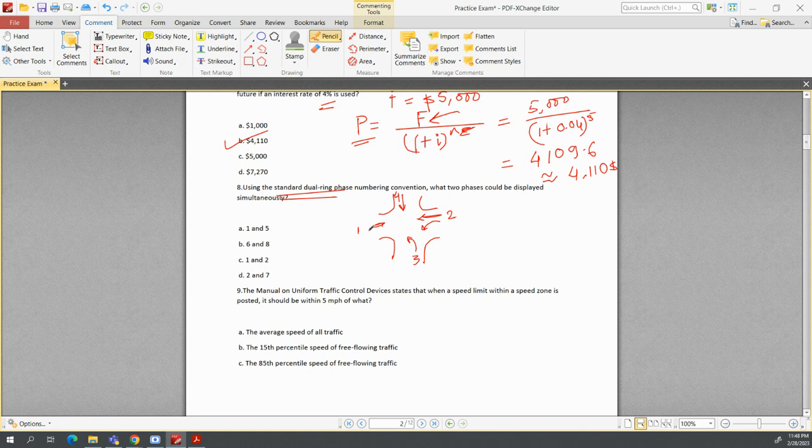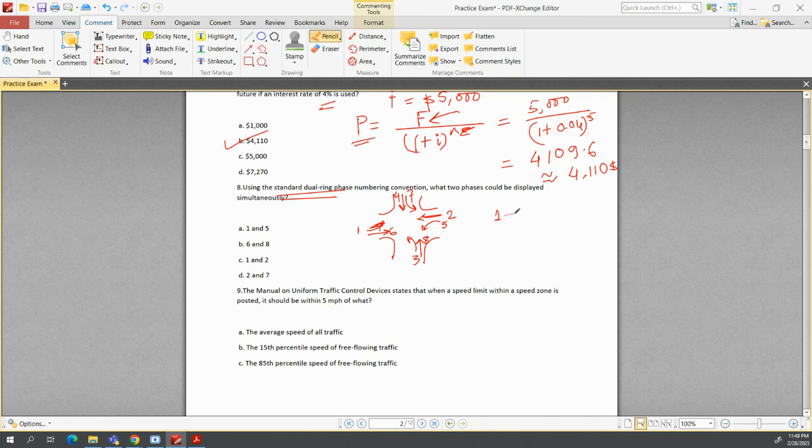This phase is the left turn, okay? This phase is 5, this phase is 6, this phase is 7, this phase is 8. Okay, these are the phases. So how will you draw the dual ring phase?